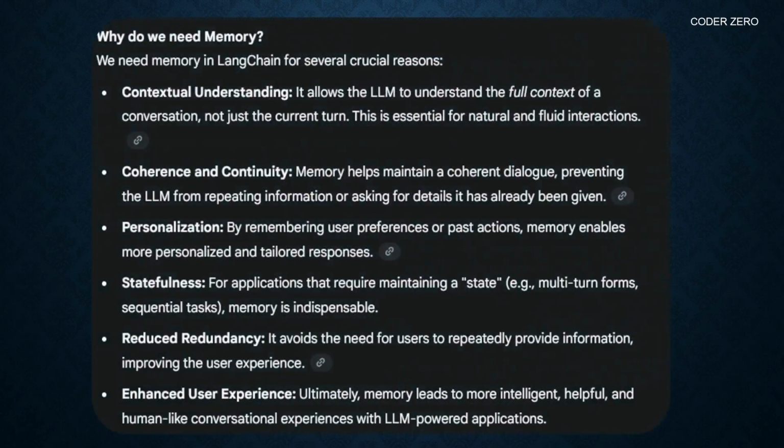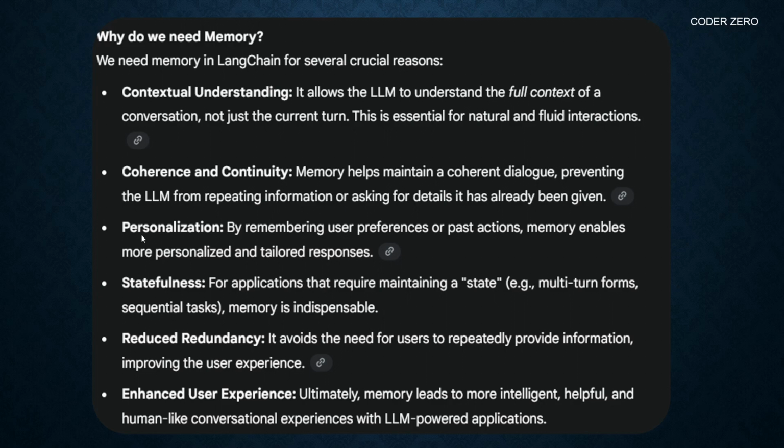Now, why do we need memory? We need memory in LangChain for several crucial reasons, such as contextual understanding. It allows the LLM to understand the full context of a conversation, not just the current turn, but the full context and full conversation. This is essential for natural and fluid interaction. Second, we have coherence and continuity. Memory helps maintain a coherent dialogue, preventing the LLM from repeating information or asking for details it has already been given.